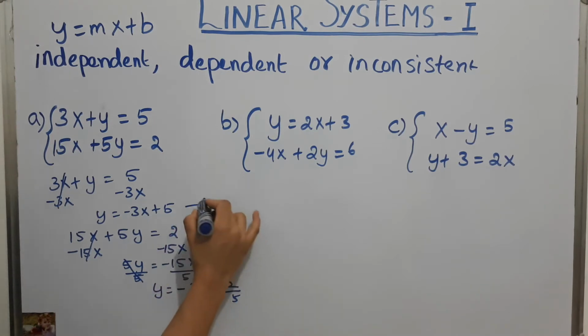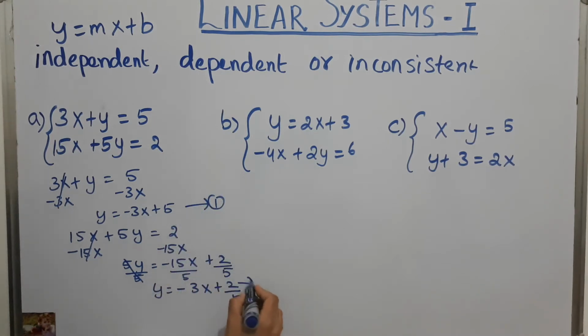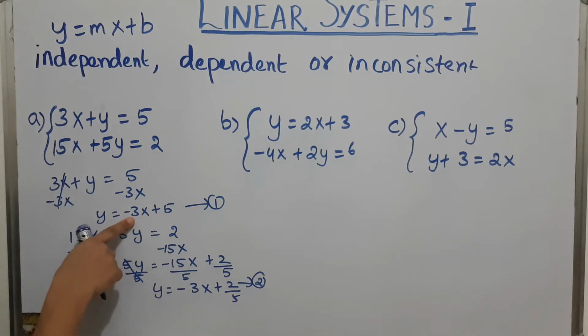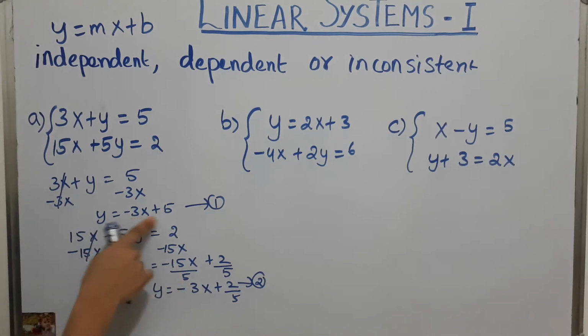Now this is the first equation and this is the second equation. Now you have to see whether the slope term and intercept term are the same or not. In the first equation the x term is minus 3x, and here also minus 3x. So they are the same, which means they have the same slope. And what about the intercept? The intercept is 5 here. Here you have 2 over 5.